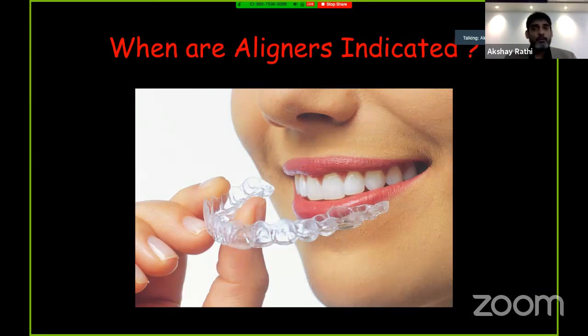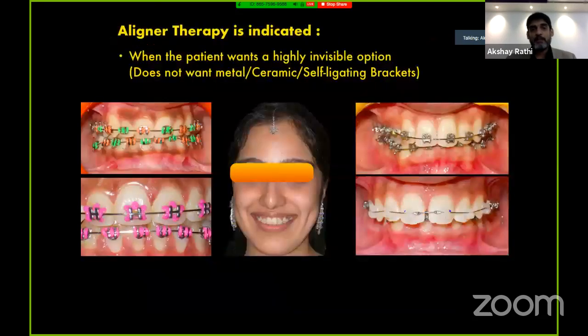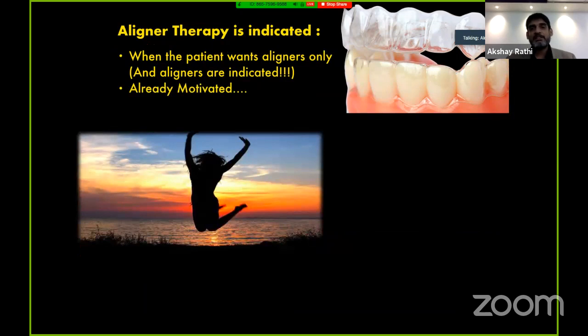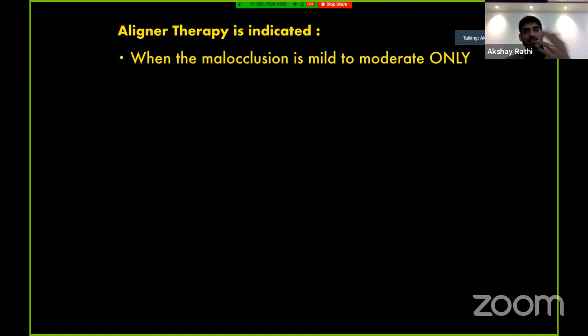But how will you know that this case is good for me as a general dentist with no exposure to orthodontics to start it in my practice? So you will do this aligner therapy in your initial cases when the malocclusion is mild to moderate.